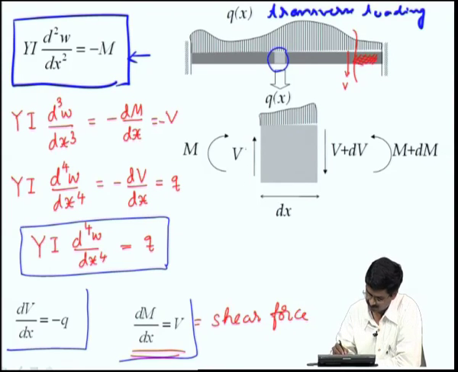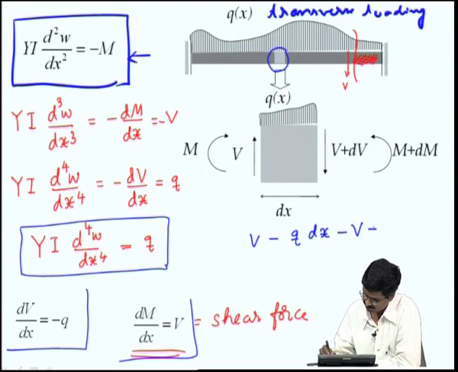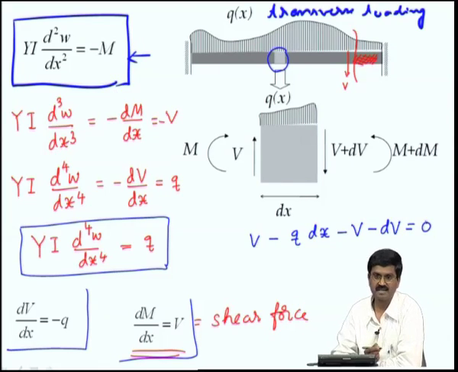This V, we will say positive is upwards, then we have V minus q dx. q of x is the force per unit length multiplied by the length, so q dx, and then this is downwards, that is minus of V plus dV. All of them have to sum to 0 for static equilibrium.